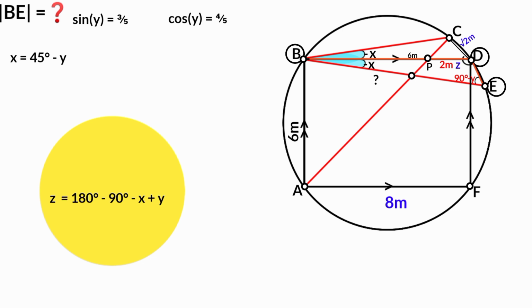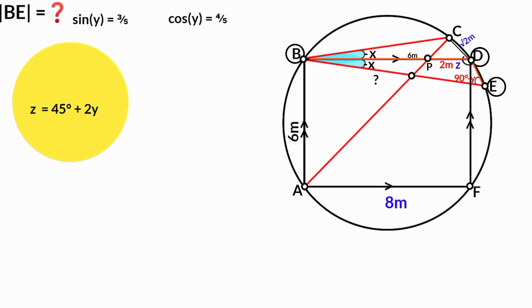So z equal to 180 degrees minus 90 degrees minus x plus y. 180 degrees minus 90 degrees is 90 degrees. This x, if you recall, we have its value to be 45 degrees minus y. Substitute here. Minus bracket 45 degrees minus y is minus 45 degrees plus y. 90 degrees minus 45 degrees is 45 degrees. y plus y is 2y. So z equal to 45 degrees plus 2y.